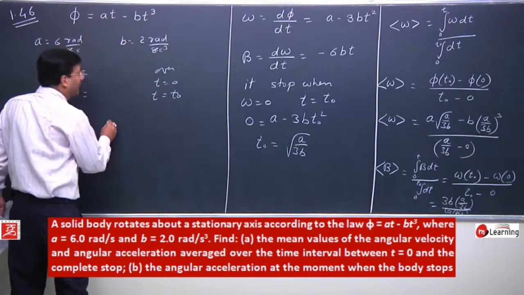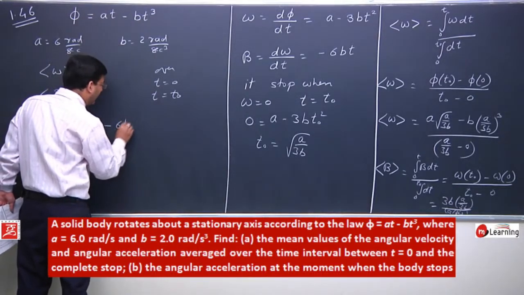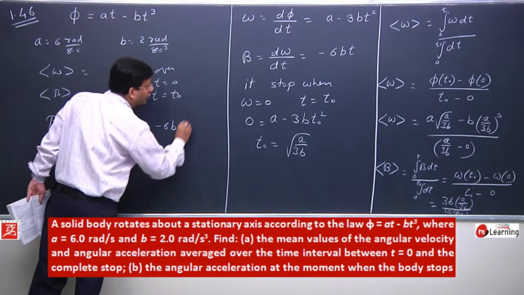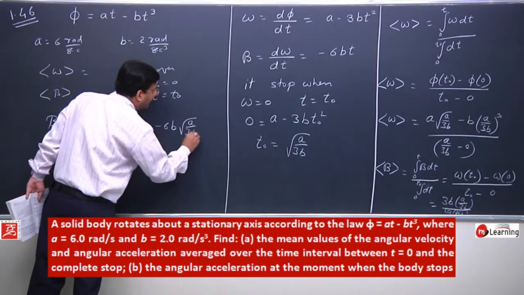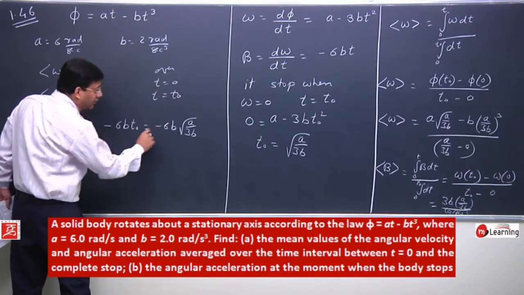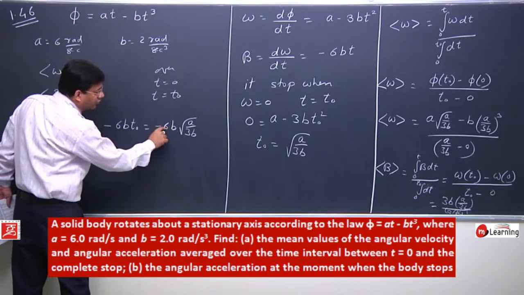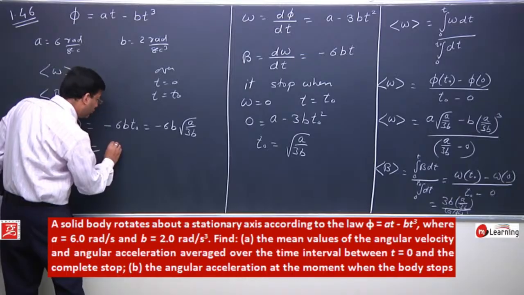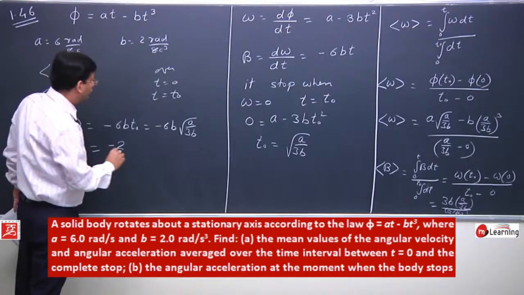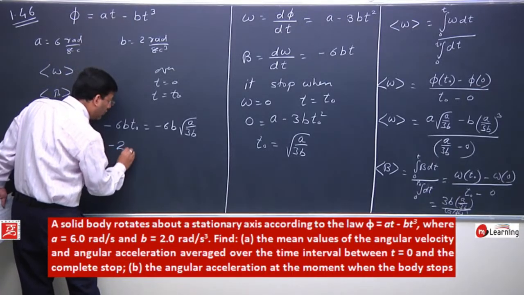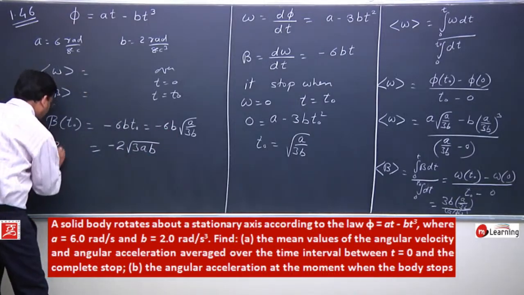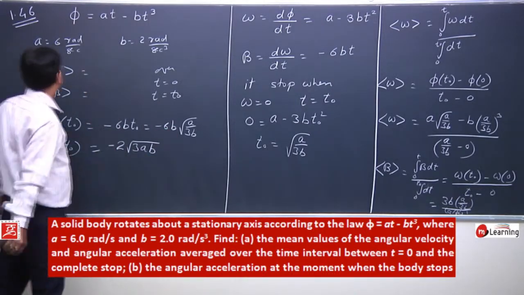And beta at t naught time is minus 6b t naught or minus 6b under root of a by 3b, and you will get this as equal to minus 3 by 2 under root of 3ab. This is beta at t naught time.